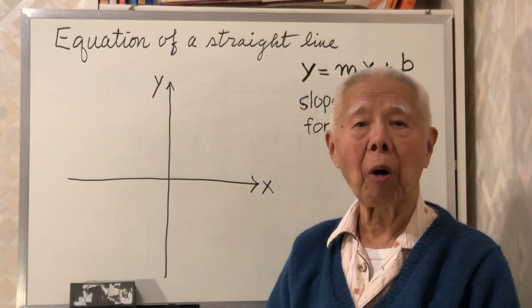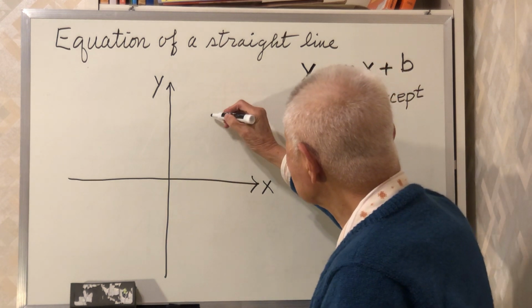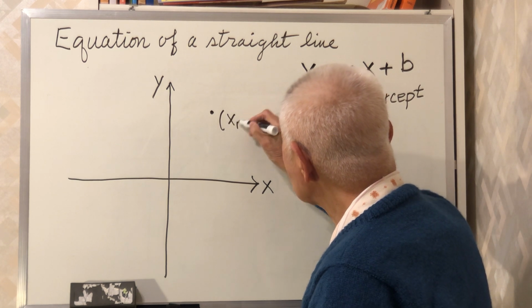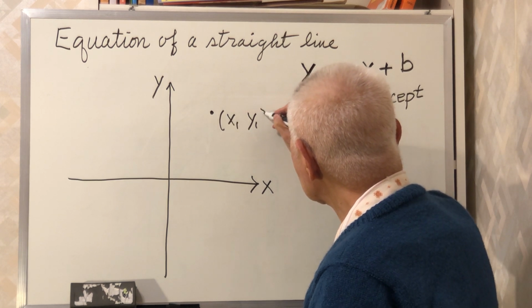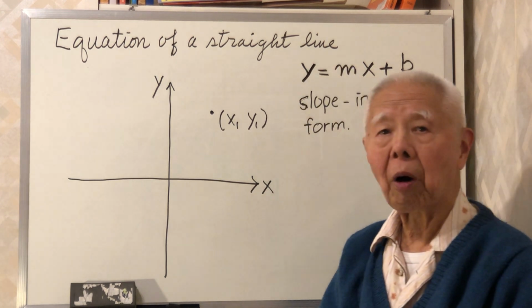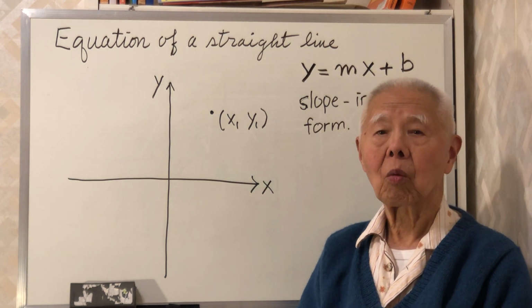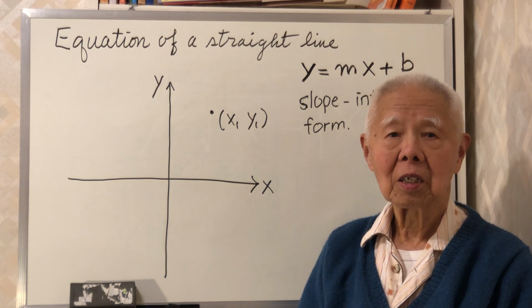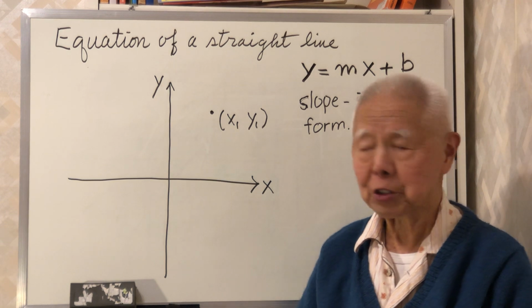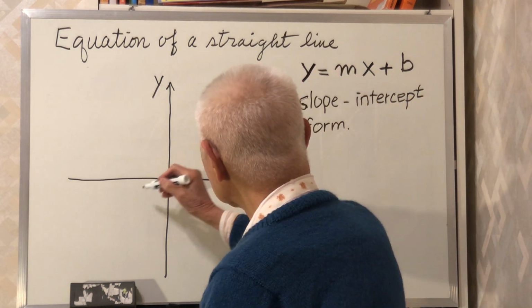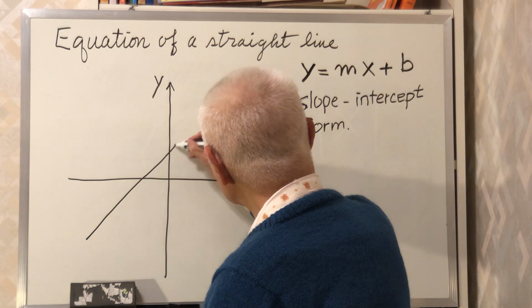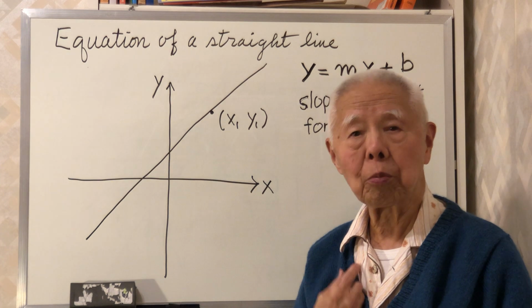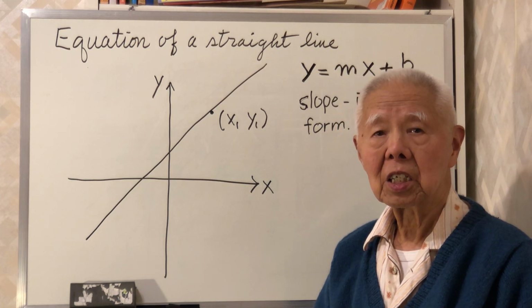We have a given point. The given point is x1, y1. And the line passes through the given point. And the slope of the line is m.